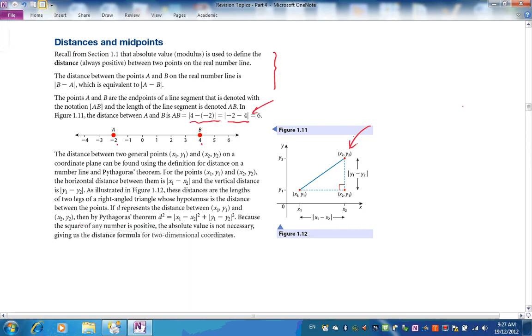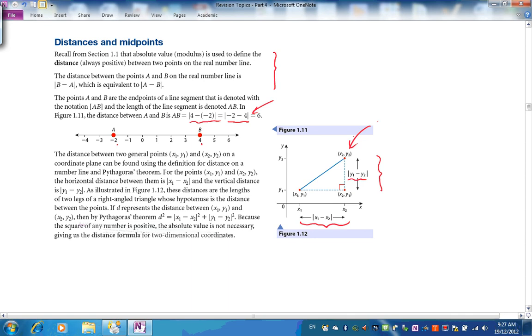Then what we need to do is to use Pythagoras to find the distance. So here we want to find the lengths of these two sides, the difference between the y's. It doesn't matter which direction you take it in, we just take the size of it, and here the difference between the x's will give us that.